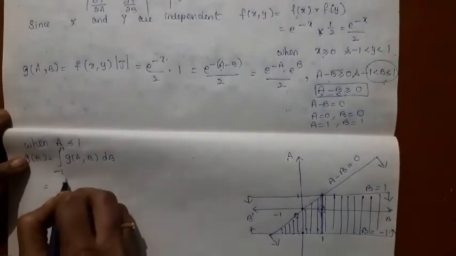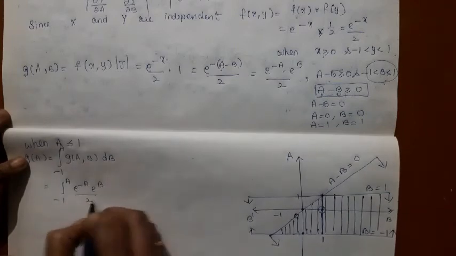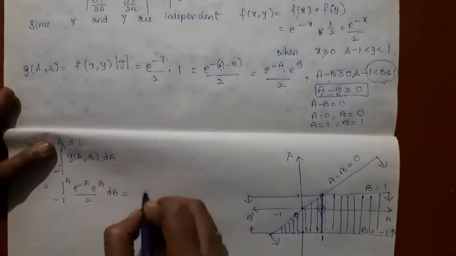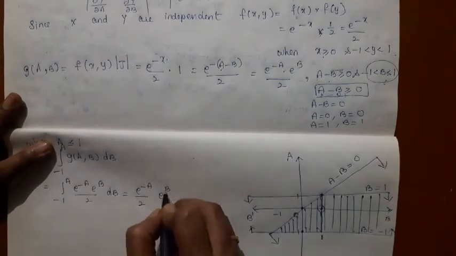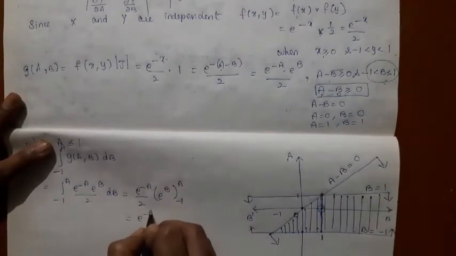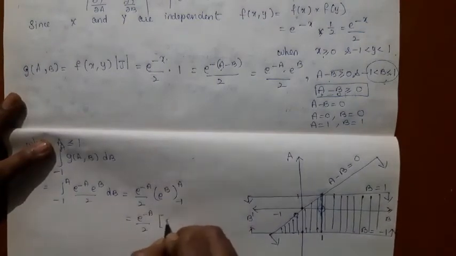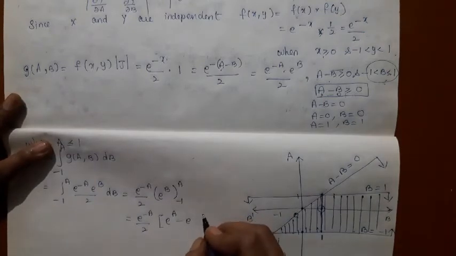So integral -1 to A, e power minus A e power B by 2 dB. That is, you take e power minus A by 2 outside, e power B on integration gives e power B. So on substitution, e power minus A by 2 into e power A minus e power minus 1.